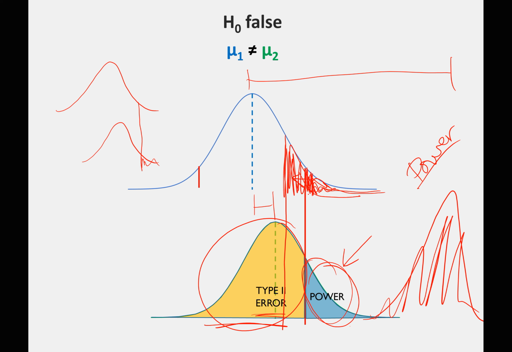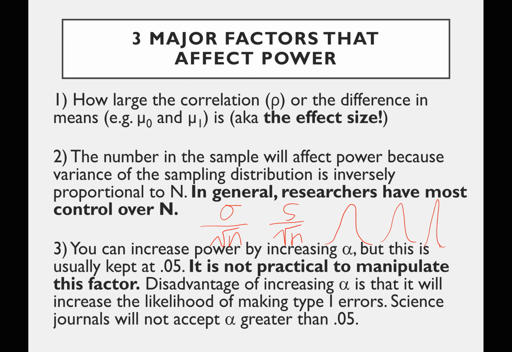I'm making my rejection region really, really big. Then that would also mean that we have more power, right? Because there's more chance of making that right decision. So you could technically increase your power by increasing your alpha.